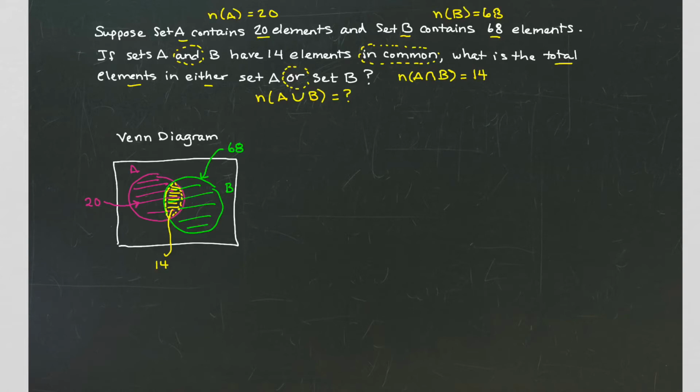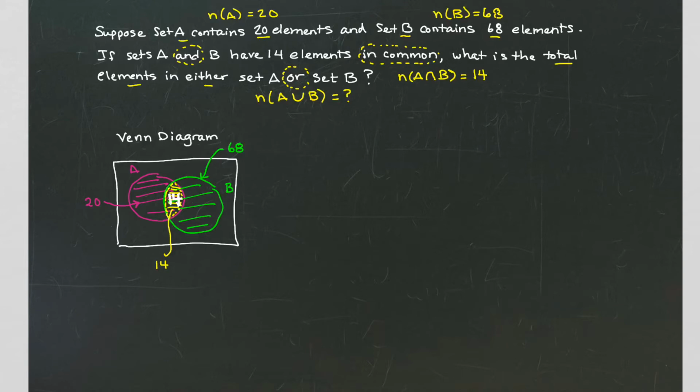So how do we calculate the total in the union? Well, the total in the union has to be the elements that lie in each separate part in our Venn diagram. In the middle, there are 14 elements total.